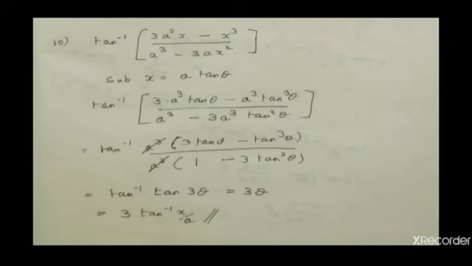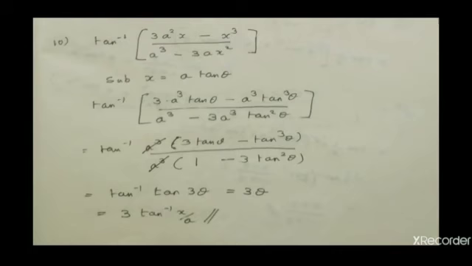So sin theta by cos theta gives tan theta, and tan inverse and tan get cancelled, which is theta. Now what is theta? Theta is sin inverse x by a. Understand? If x is equal to a sin theta, then sin theta is equal to x by a. So theta is sine inverse x by a.